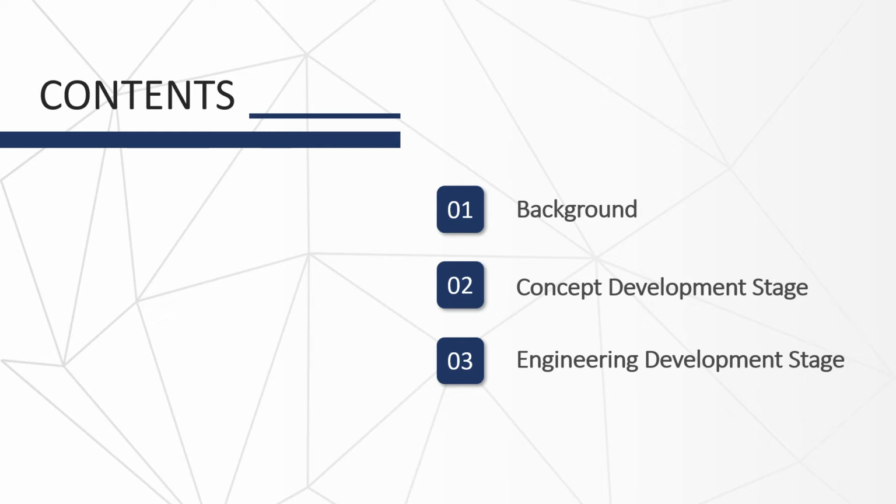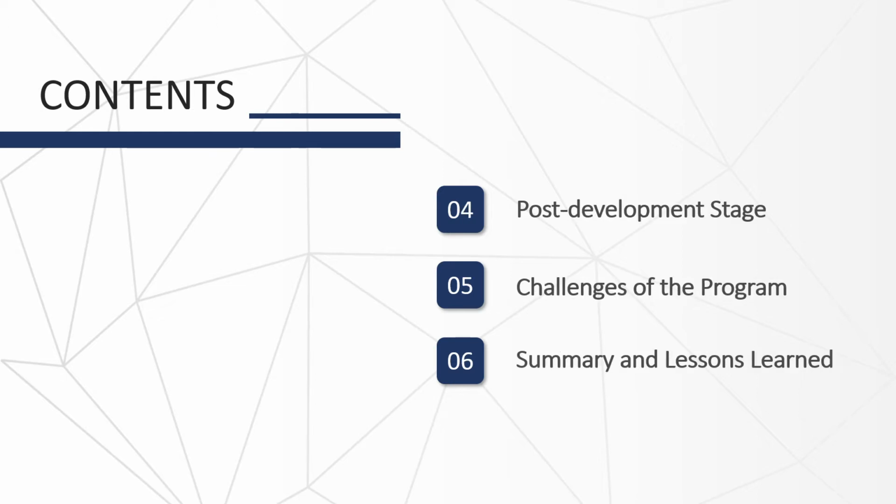Okay. For the content, my paper has 6 parts. The first part is about background. The second part is about the concept development stage, and the third part is about the engineering development stage. The fourth part is about the post-development stage, and the fifth part is about system engineering challenges of the program.